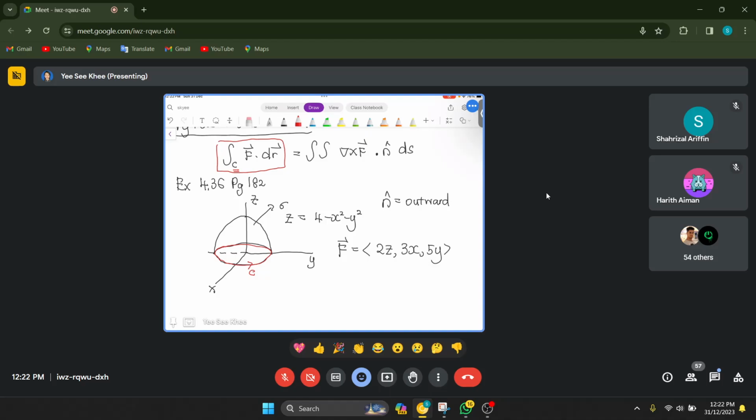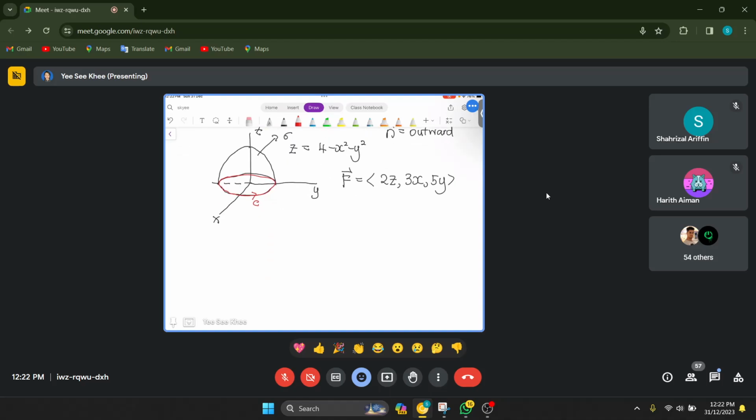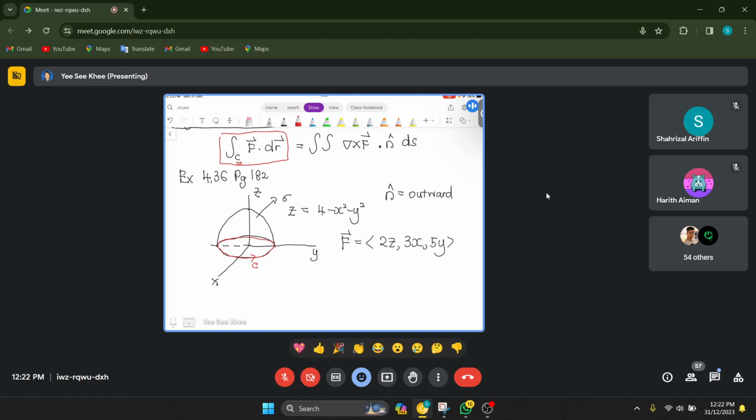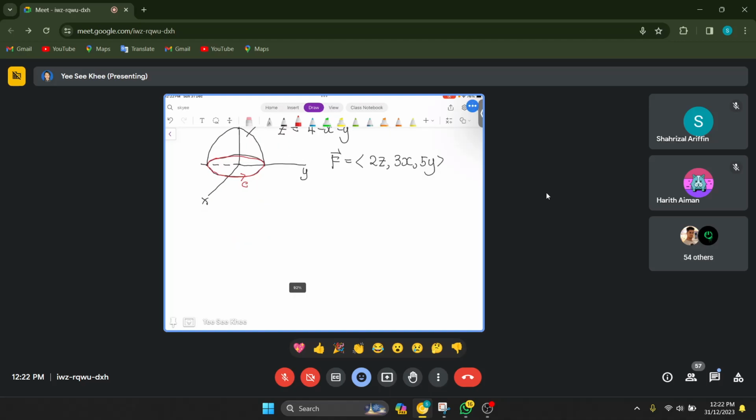F has been given, so we have no problem with F. How about the dr? If you still remember, r equals xi plus yj plus zk.